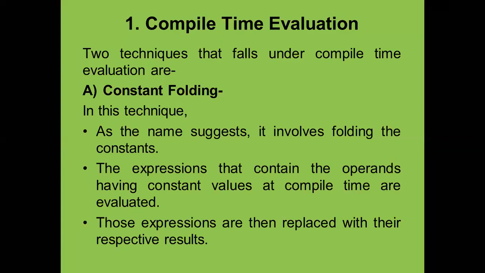We can write, for example, A is equal to pi r square. Sometimes you change r is equal to d by 2, and then you replace that value. At that time just calculate the value, no need to write pi and divided by 2 like that. So this is called constant folding.